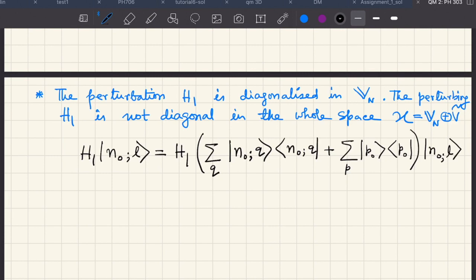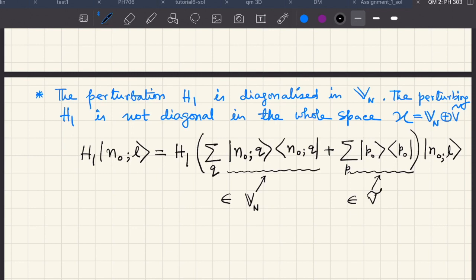Let us see what we have done here. This object with this summation over Q is identity, so I can always insert this. But this object belongs to Vn, the degenerate subspace. Similarly, this object belongs to V tilde. But this also is identity.